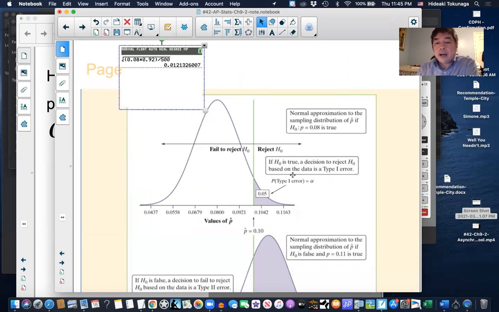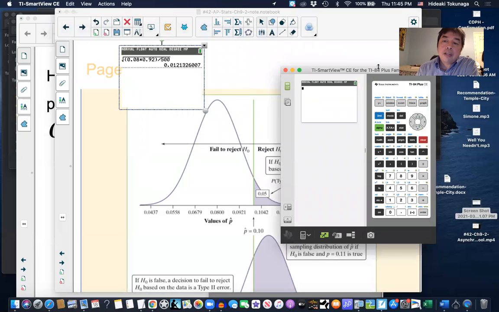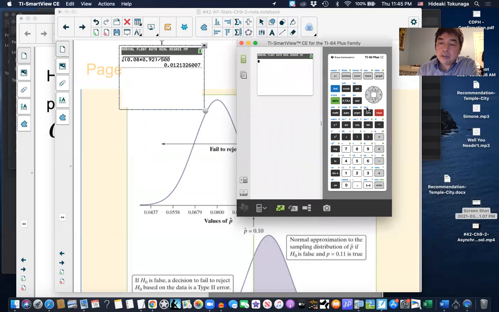All right, now type 1 error is the same as the alpha level, so 5%. 5% of the distribution, where's this green cutoff line of the percentage we are expecting for the cutoff, right? So you can go to normal, let's see, maybe invert norm.